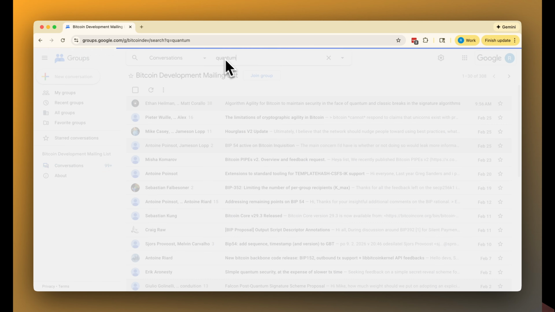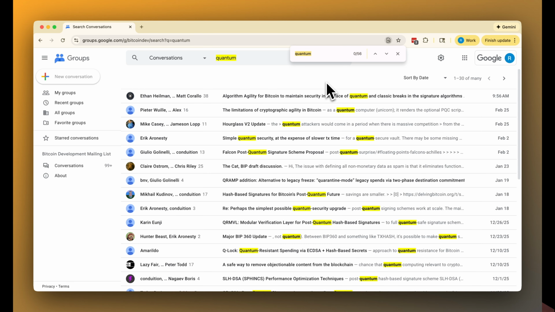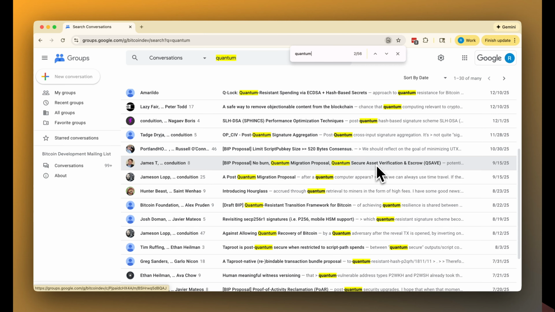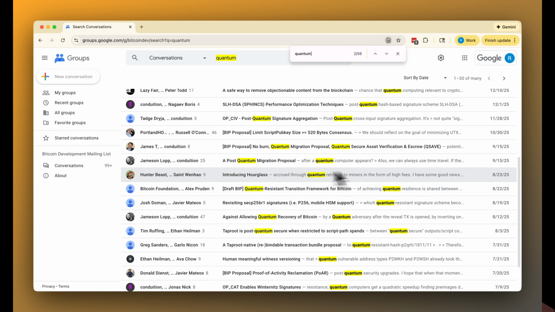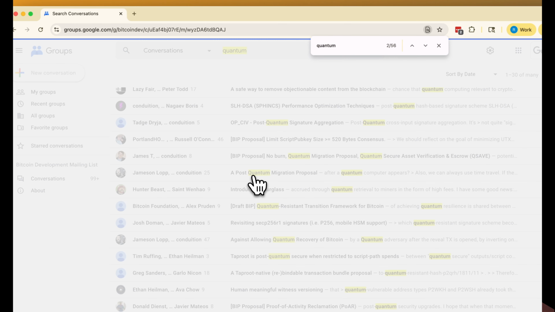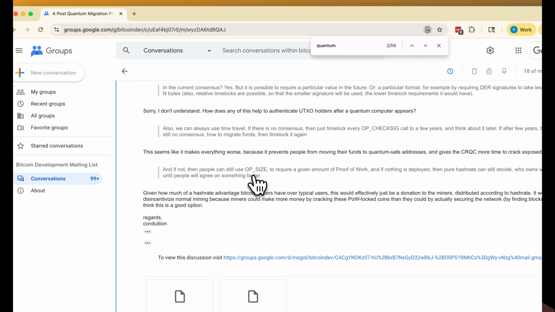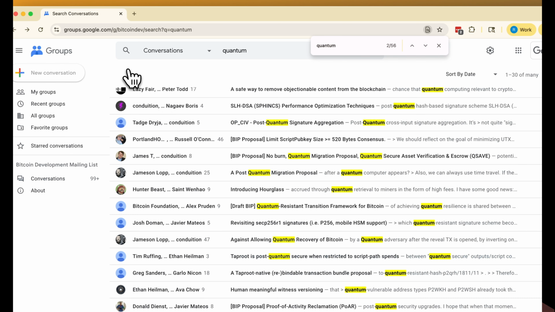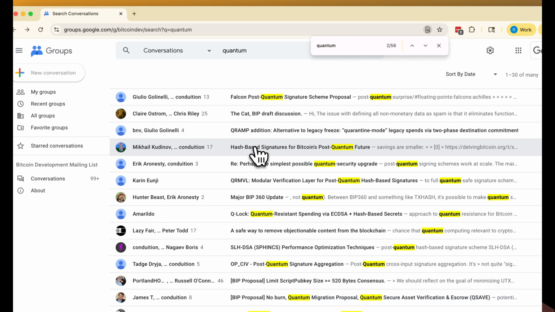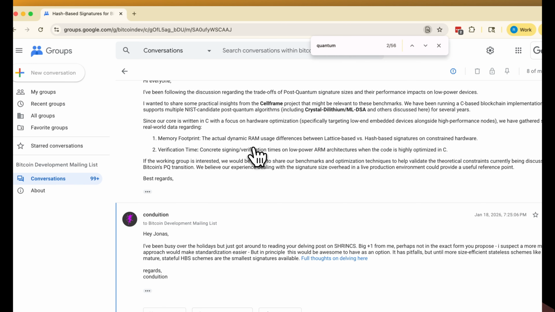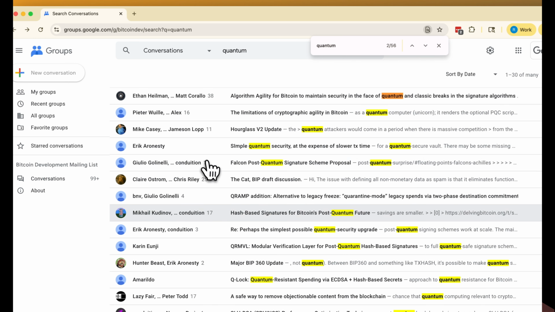Let's say you wanted to search and see how often quantum was mentioned. You can do that via a number of ways. You can do that via this as well. Dates back to last year. And it's really easy to try to get an understanding for how often quantum resistance and topics around that are being mentioned, which is really convenient.